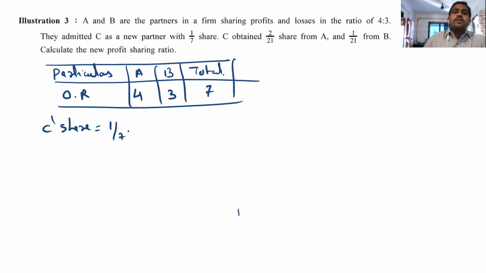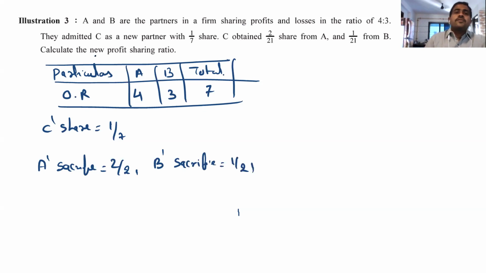C obtained 2 by 21 share from A and 1 by 21 from B. Now what do they want to say? They are saying who will get from where. From A, that means A sacrifices 2 by 21, while B sacrifices 1 by 21.